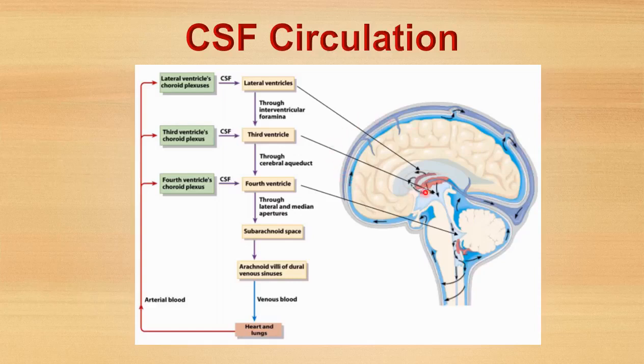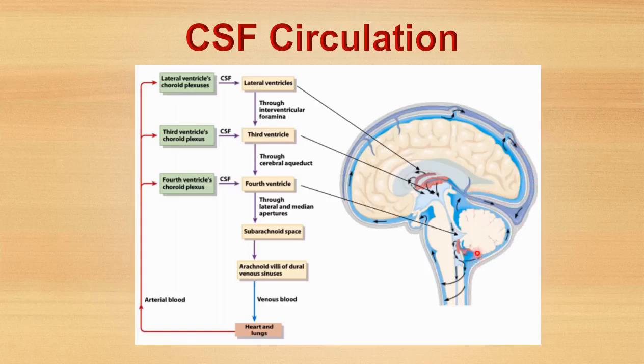So here you are able to see CSF from the choroid plexus and the ependymal cells lining it in the lateral ventricle. From there the CSF goes to the third ventricle, cerebral aqueduct, and the fourth ventricle. The roof of the fourth ventricle has three foramina, one median foramen called the foramen of Magendie and two lateral foramina called the foramina of Luschka, through which the CSF enters into the subarachnoid space.